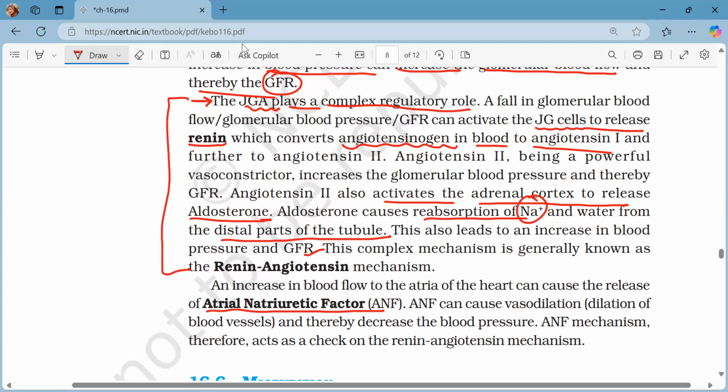So, this ANF hormone is released by the walls of our heart, the atria, and it causes vasodilation. It dilates the blood vessel. For example, if the blood vessel is tightly constricted, it makes them relax and become thicker. So now the blood pressure will fall and then the GFR will also fall. This mechanism is done whenever the blood pressure is increased, so as to decrease it.